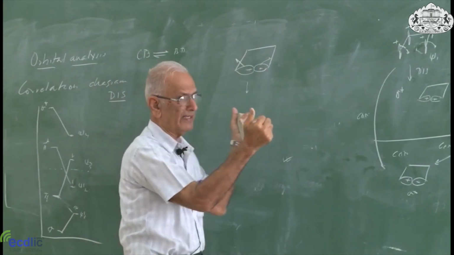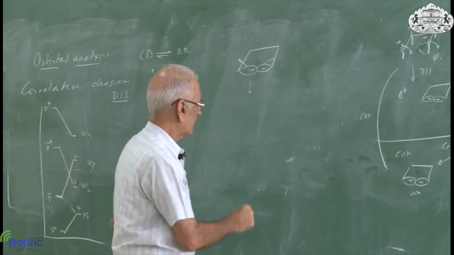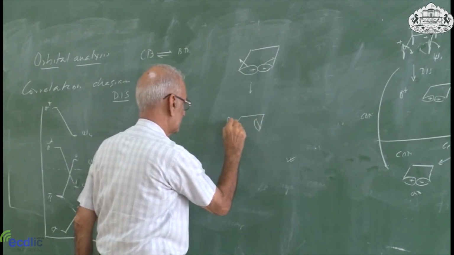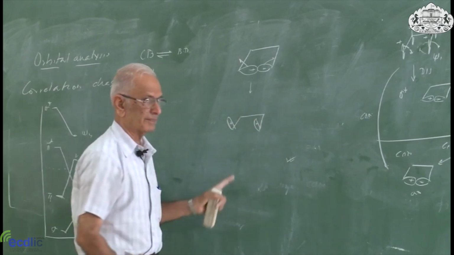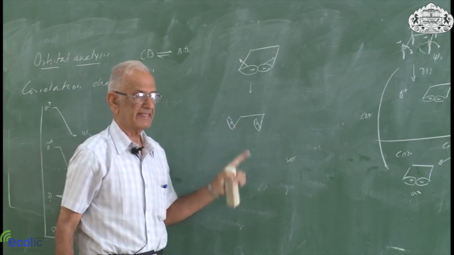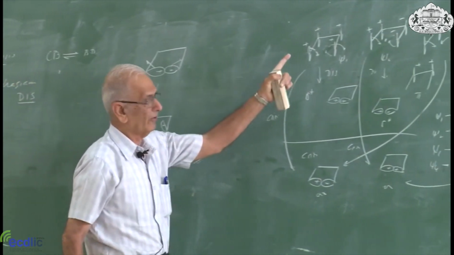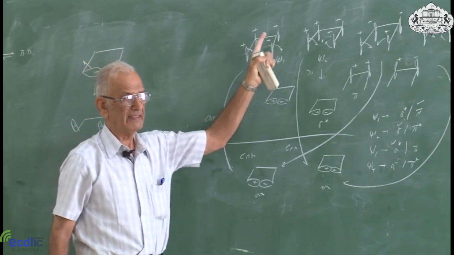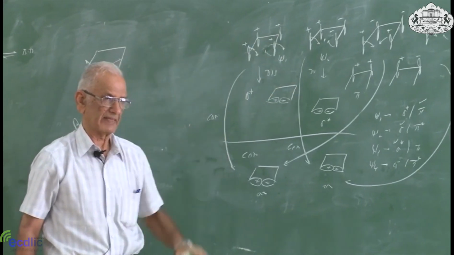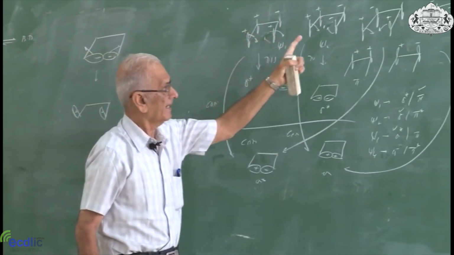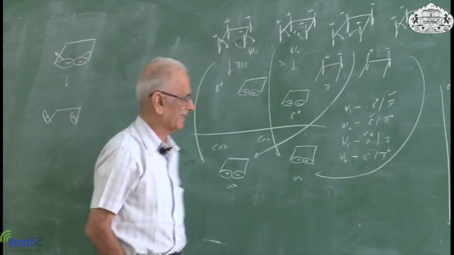Your thumbs are moving in opposite directions. Therefore, your end orbitals have the same sign. Therefore, it correlates with either psi 1 or psi 3. Psi 1 has same sign end orbitals, psi 3 has same sign.